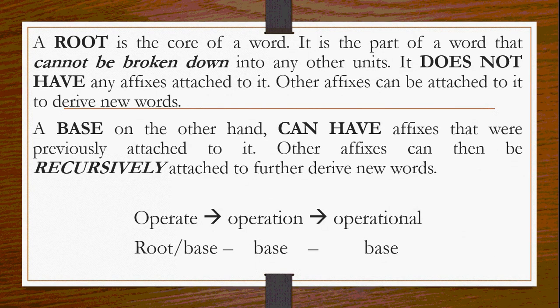So, to operate, I'm going to attach -ation, or -shun, and I'm going to create operation. In this case, operation can be a base for further derived words, but it can only be a base. Operation can only be a base, but not a root, because in this case, it already has this affix attached to it.